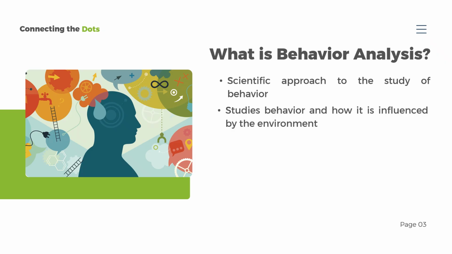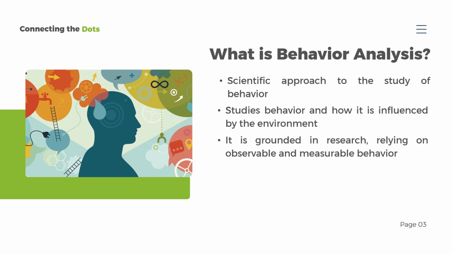This includes physical surroundings, social situations, people, objects, sounds, lights, and even events. Basically anything that can be seen, heard, touched, smelled, or experienced. What makes it unique is its reliance on observable, measurable behavior and a strong foundation in research.